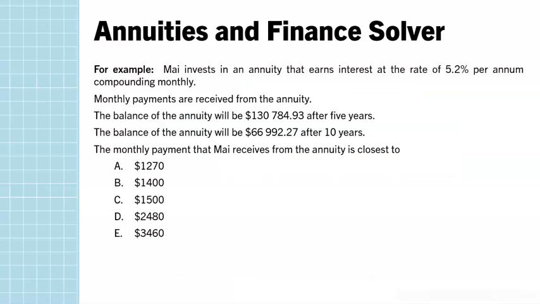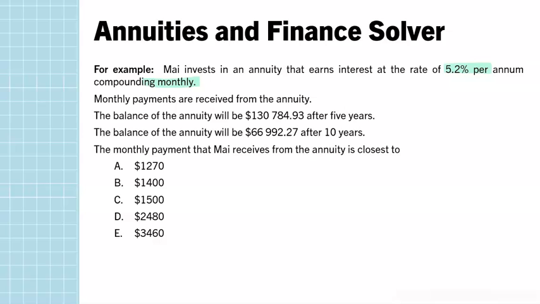We're far more likely to see annuities being used with our finance solver because of the nature of these style of things. And so we're going to go through three examples now, looking at how we would use finance solver. May invests an annuity that earns interest at a rate of 5.2% per annum, compounding monthly.